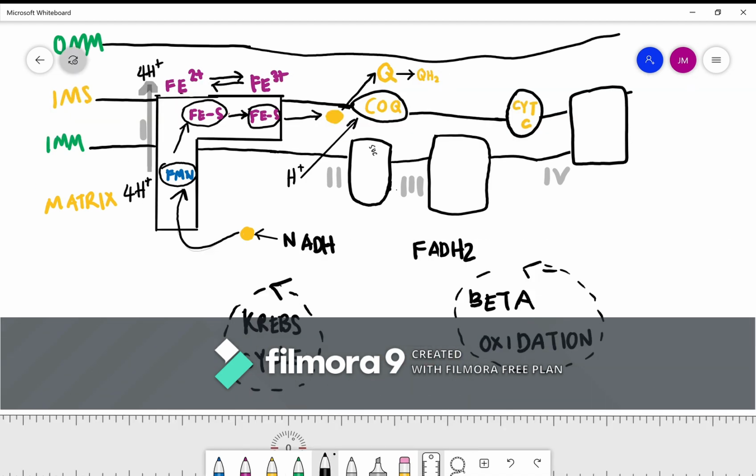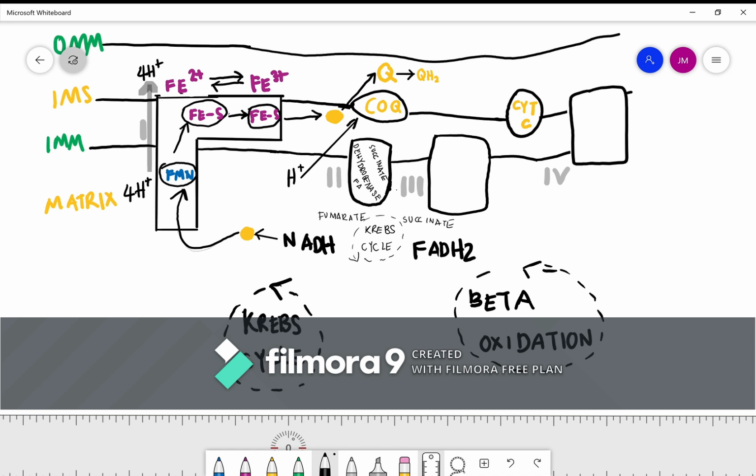Complex 2, also known as the succinate dehydrogenase complex, contains the enzyme succinate dehydrogenase. This enzyme catalyzes the conversion of succinate to fumarate in the Krebs cycle. This is an oxidation reaction which causes the generation of FADH2.